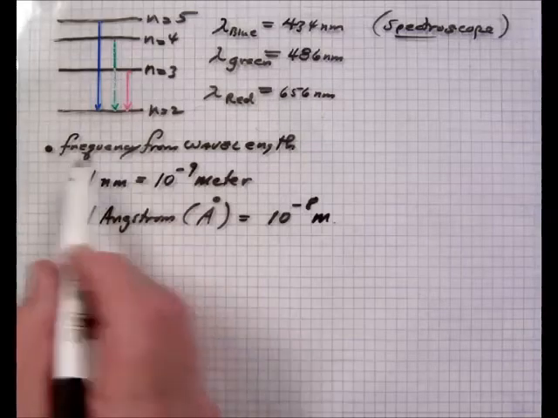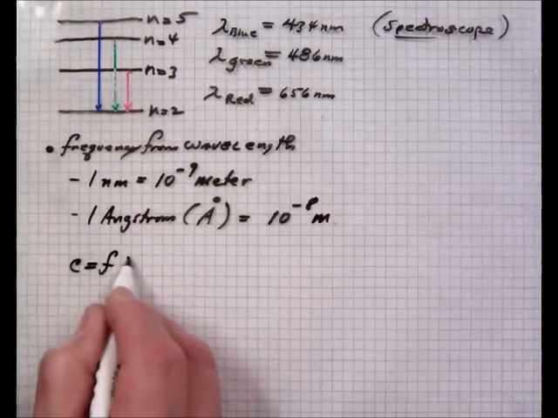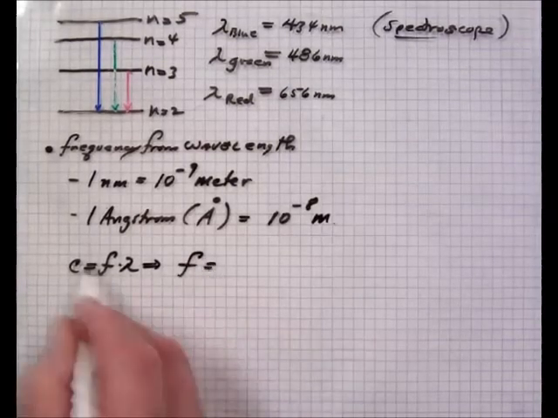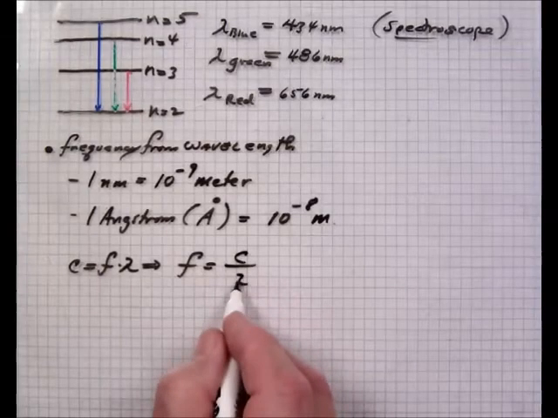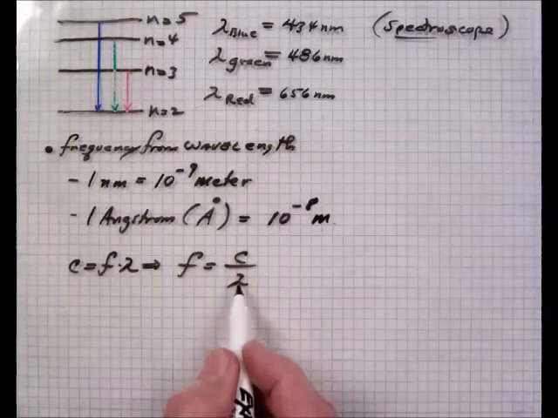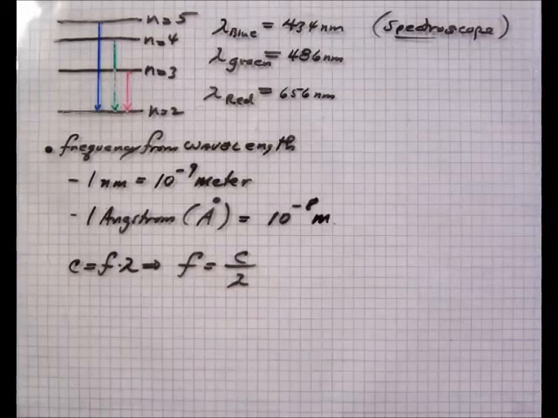To get frequency from a wavelength, we use C equals F times lambda and solve for frequency, which is the speed of light over wavelength. In this equation, wavelength needs to be converted to meters.